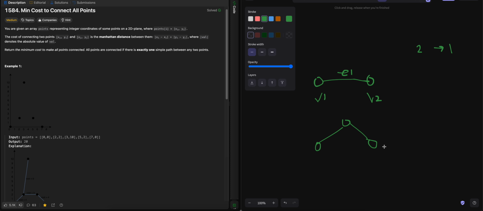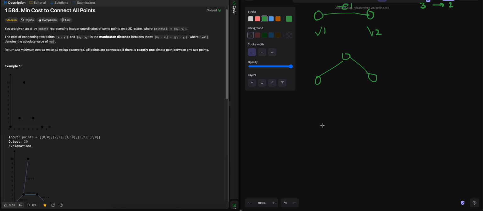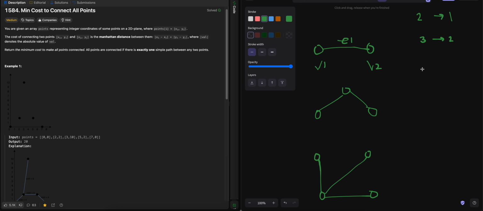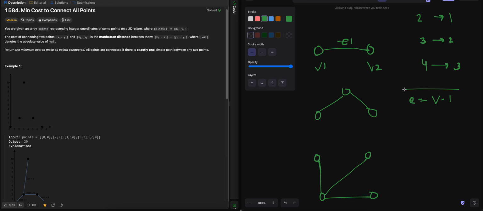For three vertices, we require two edges. Similarly for four nodes, one, two, three, four, we require three edges to connect all the vertices. So the number of edges required equals the number of vertices minus 1.